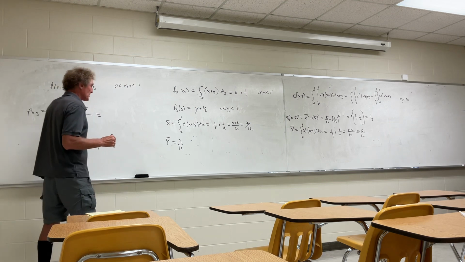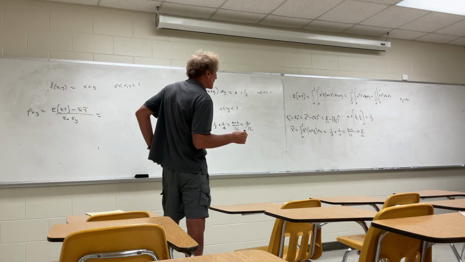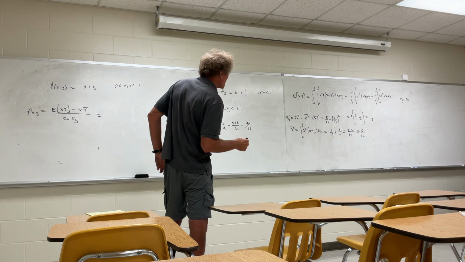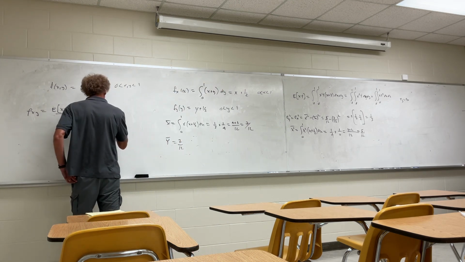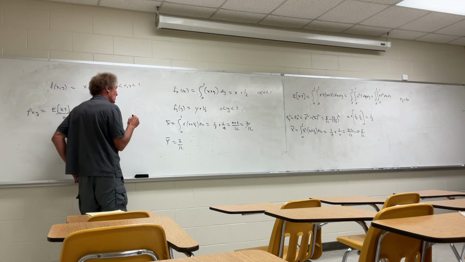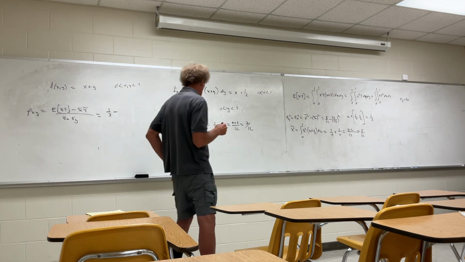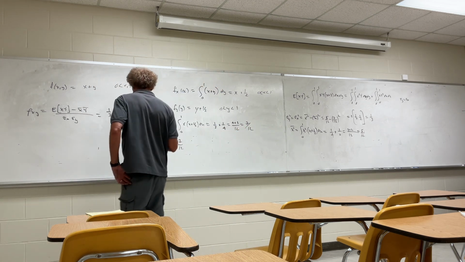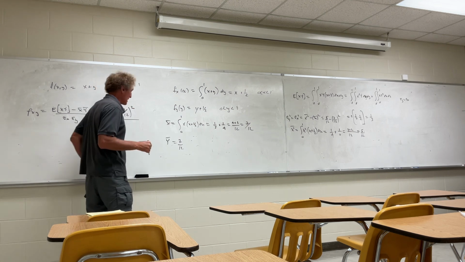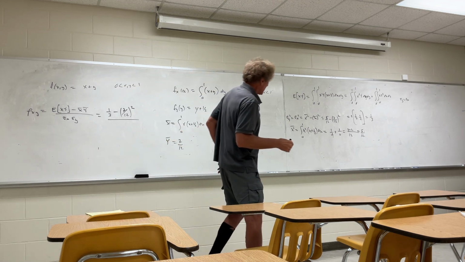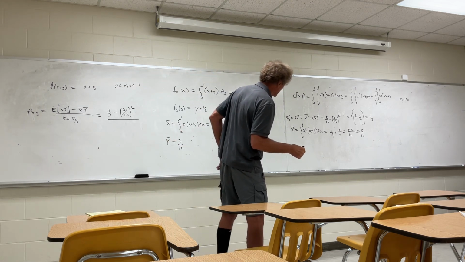So what is this gonna be? Right, the expected value of xy is 1/3, right? Minus x bar, y bar, which is gonna be 7/12 squared, divided by, boy.